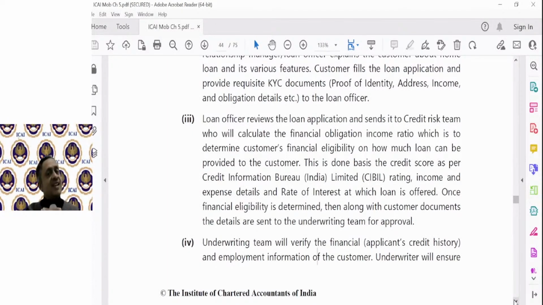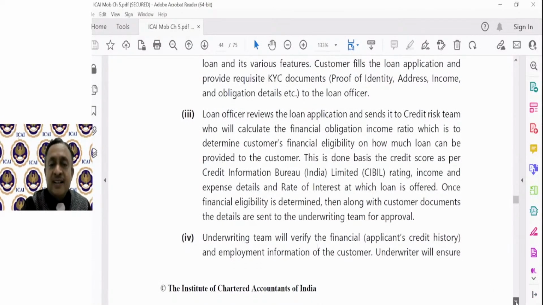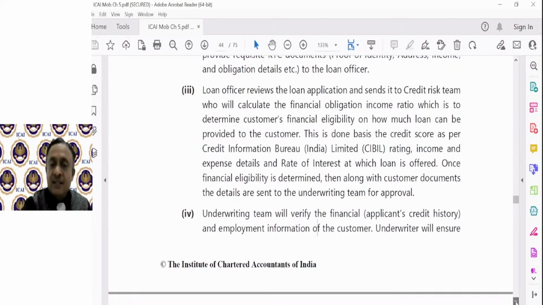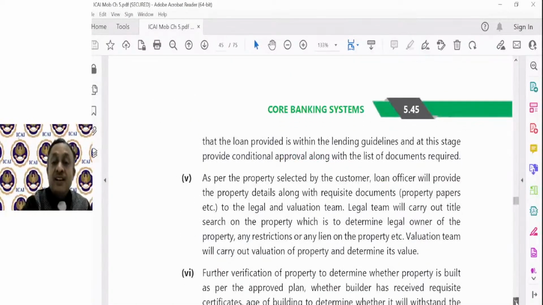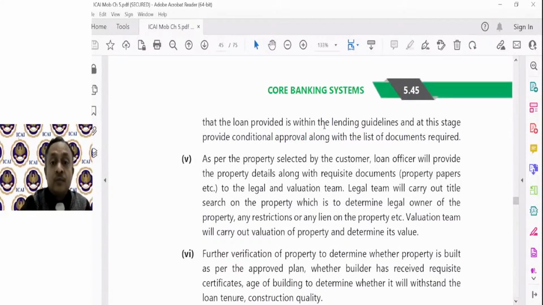Once analysis is done and the credit appraisal team has gone through it, you send it to the next team. Then the underwriting team looks at the applicant's history. The underwriter will ensure that the loan provided is within the lending guidelines. This is important, so please carry this word, lending guidelines. Like we talked about home loans: today, home loan is a big portfolio for all banks.